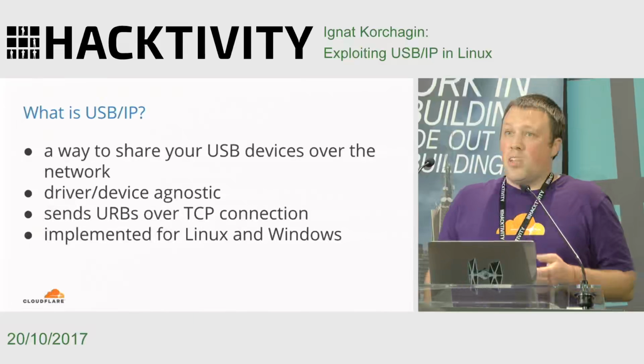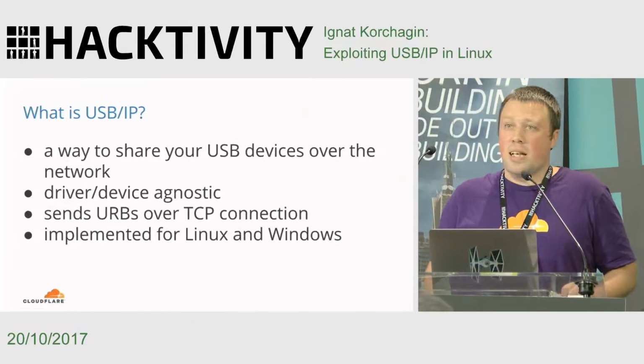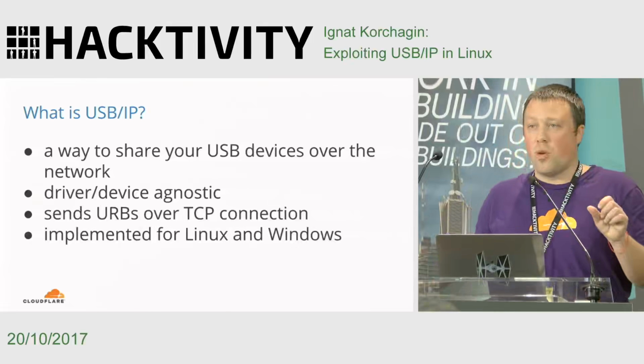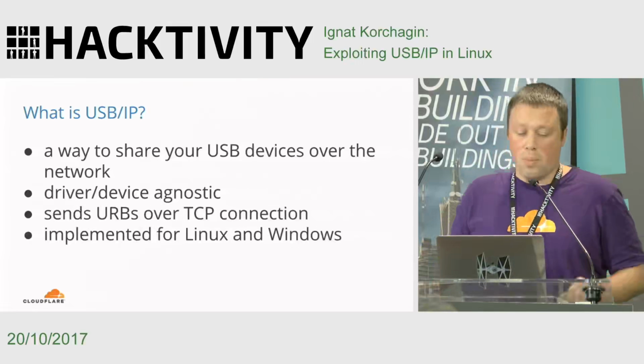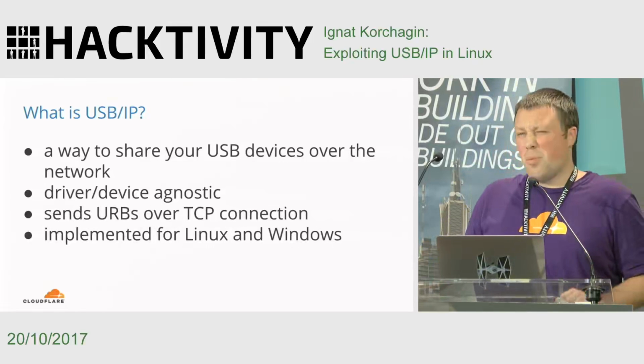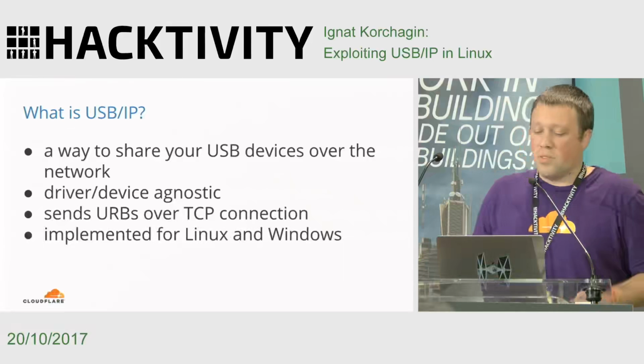It does that by just forwarding URBs over a TCP connection. URB stands for USB request block, which is a low-level data structure, or a packet, in the USB protocol. It's implemented for Linux and Windows, probably Mac, I don't know. So it can be used on different systems.